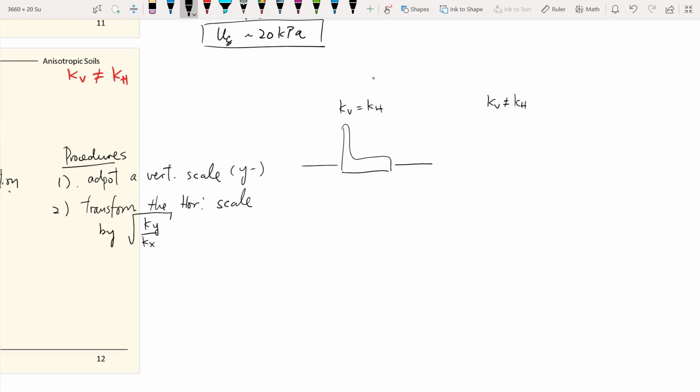It's not homogeneous anymore. Then, while keeping the scale in the y direction, in the x direction we transform it by a factor. So now the scale has changed. The vertical scale is still the same, but the horizontal scale has been transformed. Excuse my drawing, it's not perfect, but the idea is how the scale in the x direction has been changed.